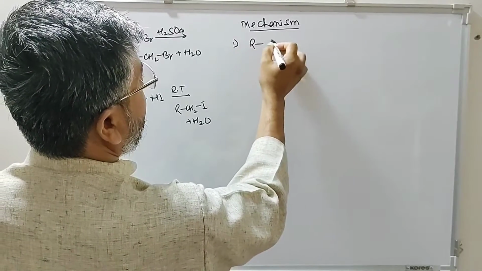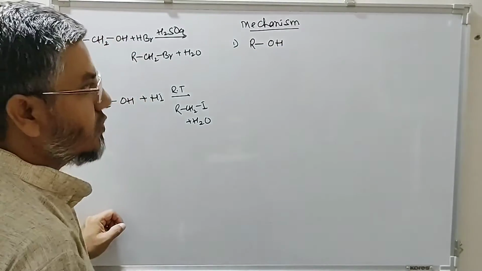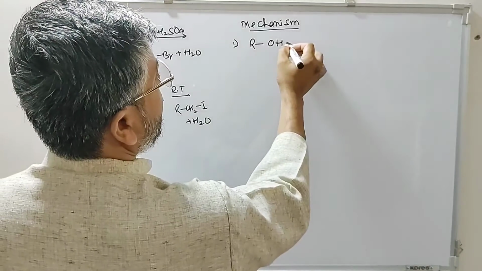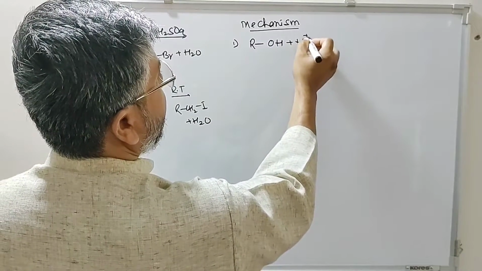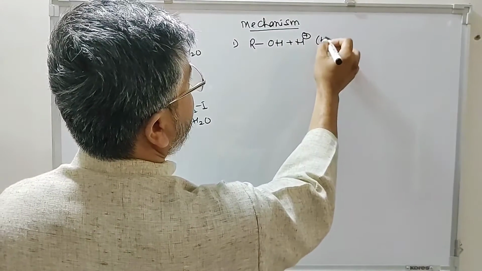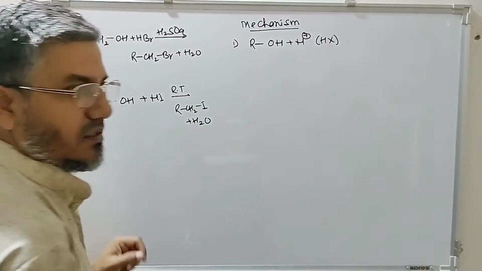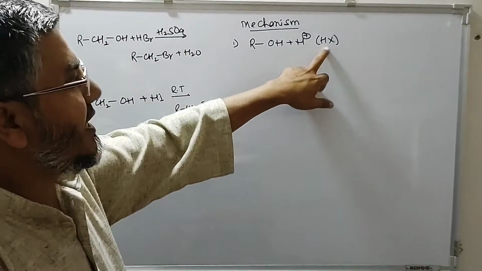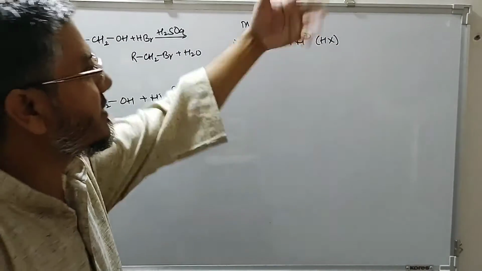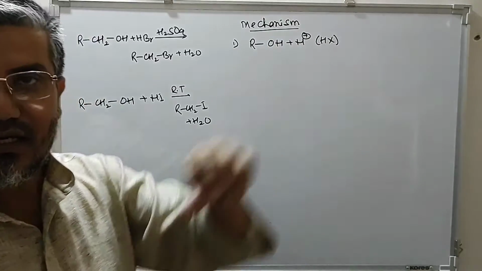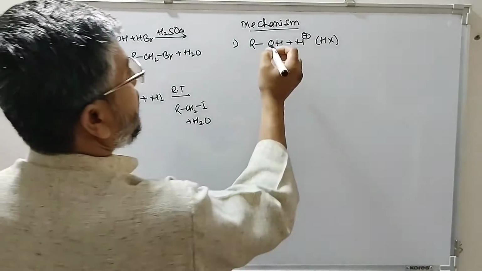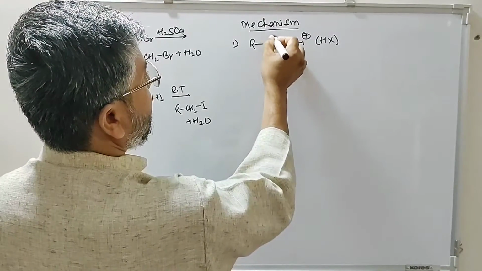I am giving these steps. This is ROH, that is alcohol. Now this alcohol reacts with H plus ion. This H plus ion is coming from HX. HX being an acid gives you H plus ion, and this H plus ion is acting as a catalyst. Now look at this oxygen.